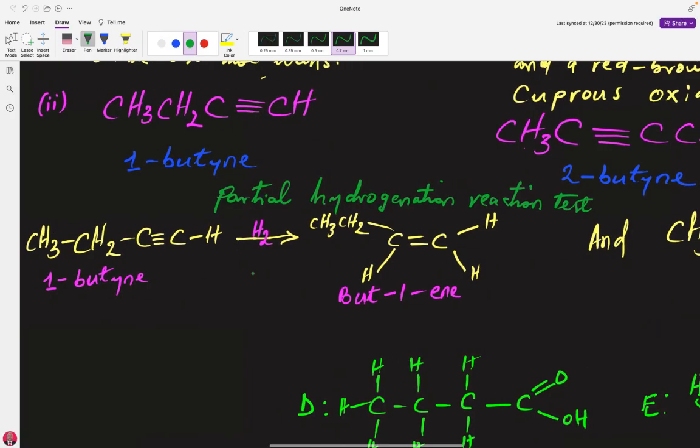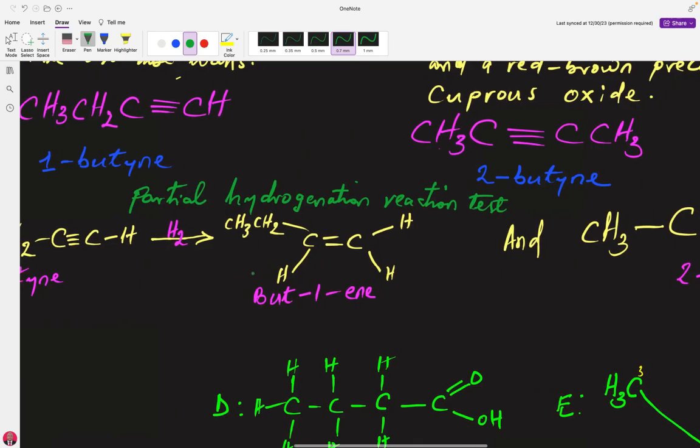Once more, the test we can use to differentiate these alkynes is the partial hydrogenation reaction test.